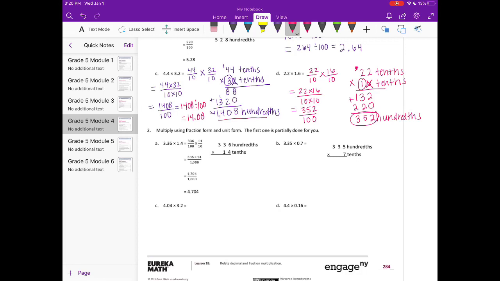And if we actually want to multiply that out, we can do 352 divided by 100, shifting the digits 2 places to the left, we would have 3 and 52 hundredths. So we have 352 hundredths.